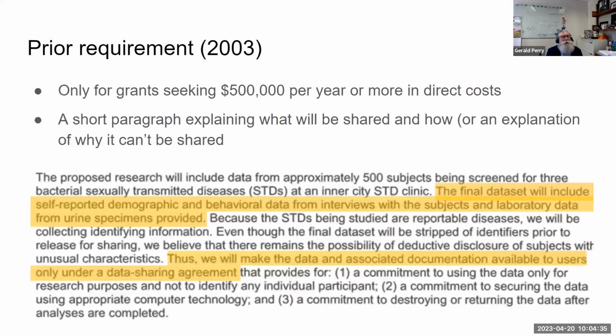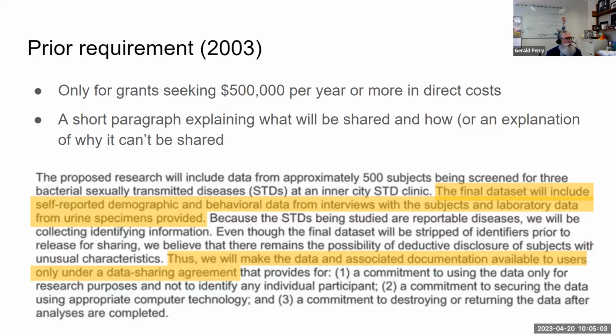So I mentioned the prior requirement dating from 2003. At that time, it was only for grants where we were seeking more than $500,000 per year in direct costs. It required a short paragraph explaining what will be shared and how, or if it wasn't going to be shared, why it can't be shared and what the rationale was.